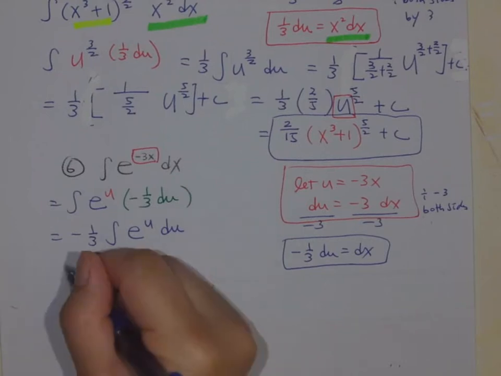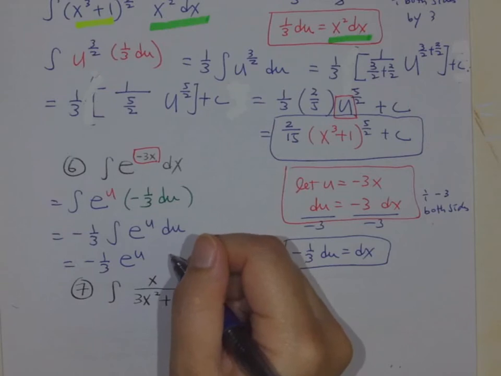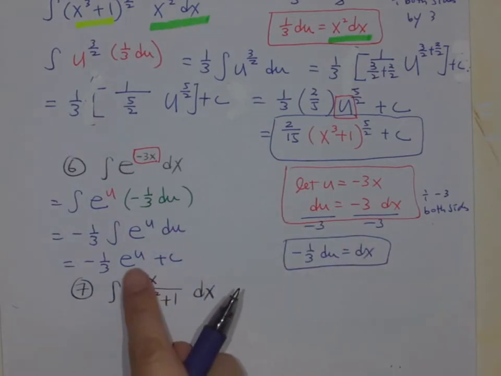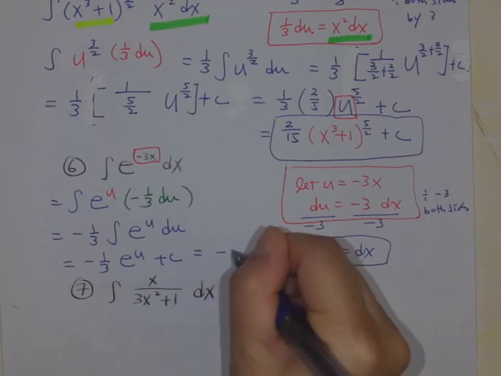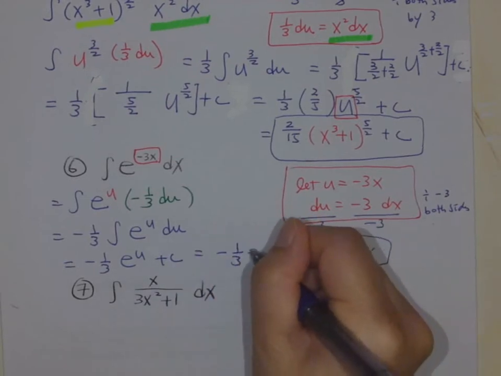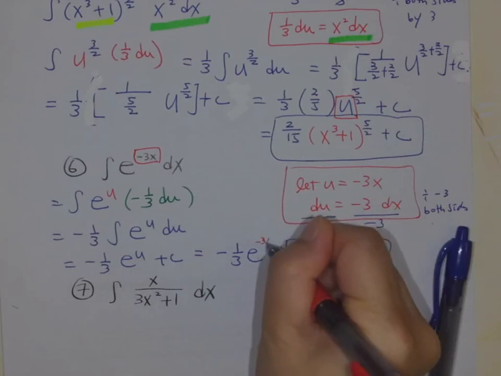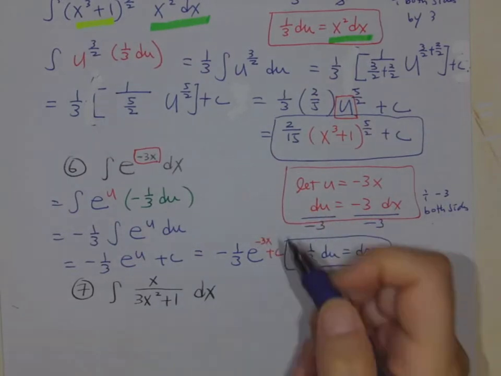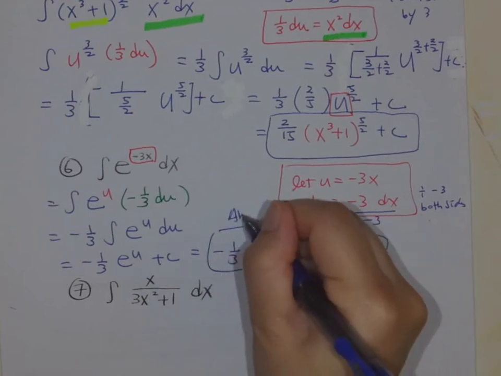So it equals negative 1/3 e to the u power plus the c. So don't forget to substitute back for the u. So the final answer would be negative 1/3 e raised to negative 3x plus the c. Alright, so that is the answer.